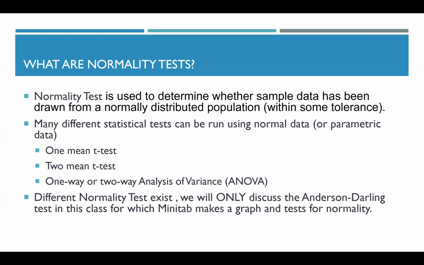We are only going to discuss one of them, and it's called the Anderson-Darling test. Minitab is going to give it to you in a graphical form with the appropriate test statistics. Okay, so Minitab is going to do the calculations for us.